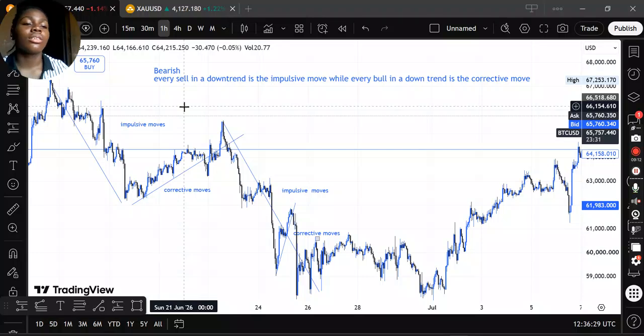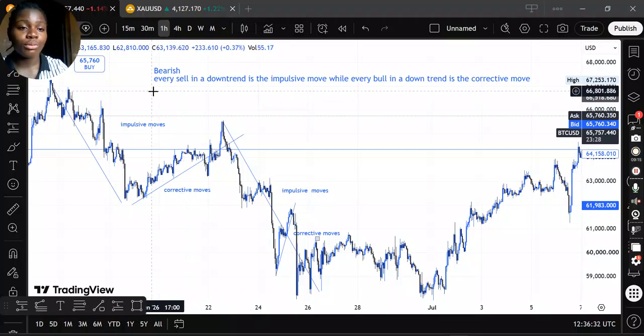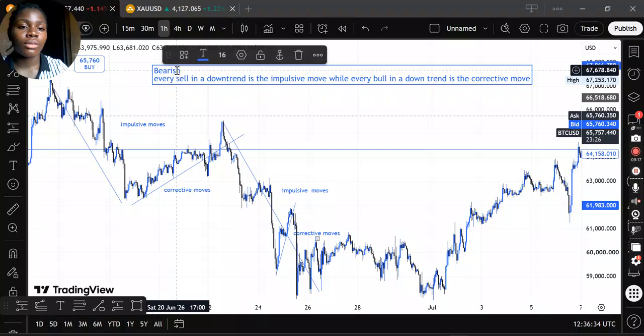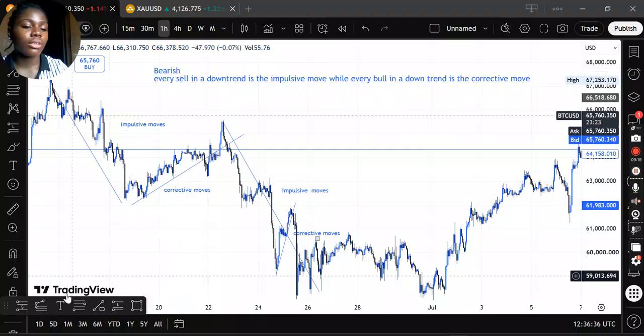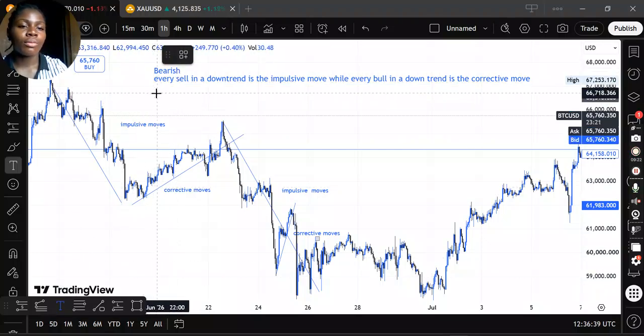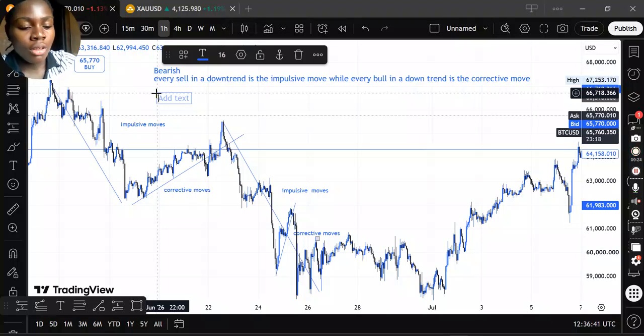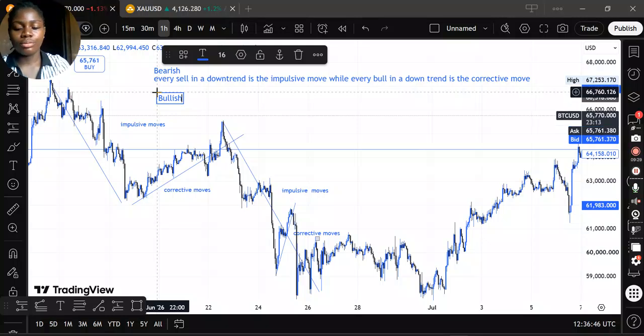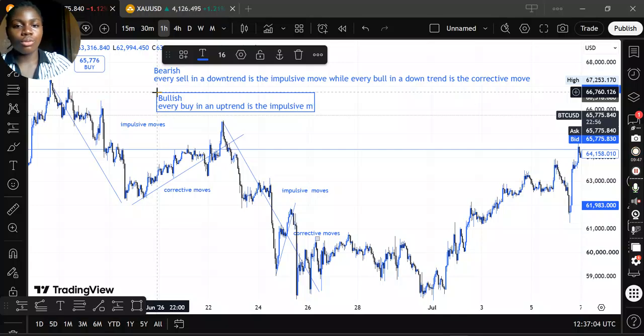And that goes for it being bearish, bullish too. So let me do the same. So when it's bullish, every buy in an uptrend is the impulsive move.